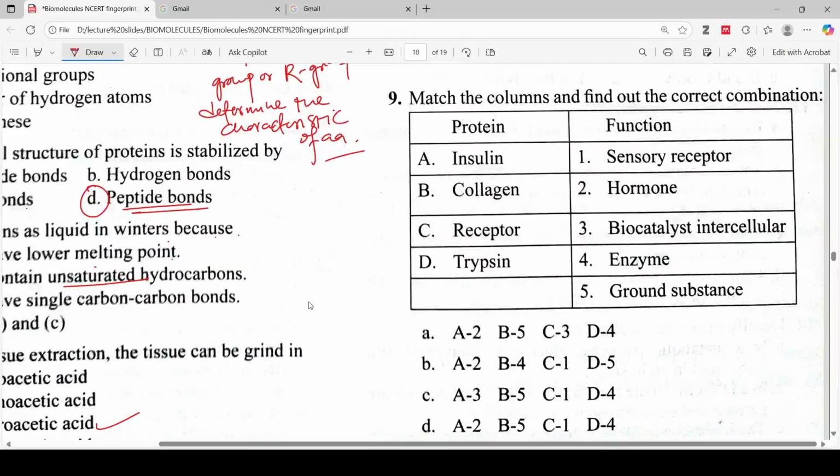Again, match and find out the correct combination.